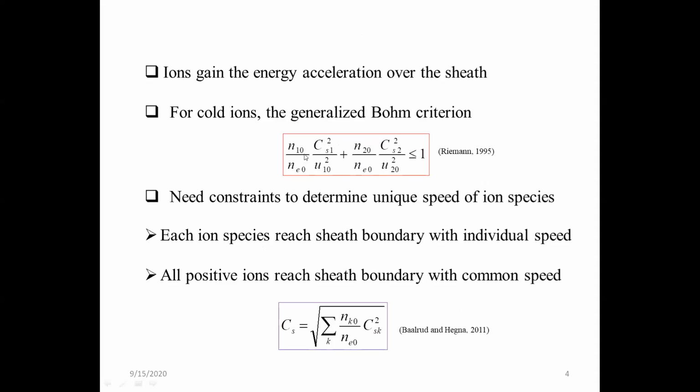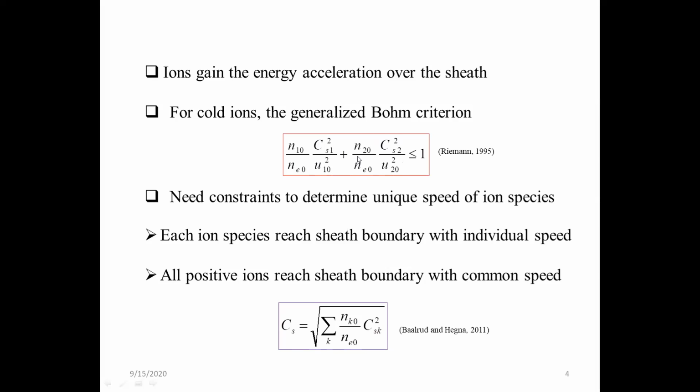Here the subscript zero represents the parameters at the sheath edge, and c_s1 and c_s2 are the acoustic speeds of the ion species. Here there are two unknowns: the velocity of the lighter ions and the velocity of the heavier ions.